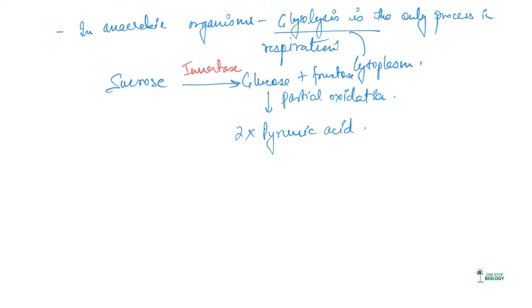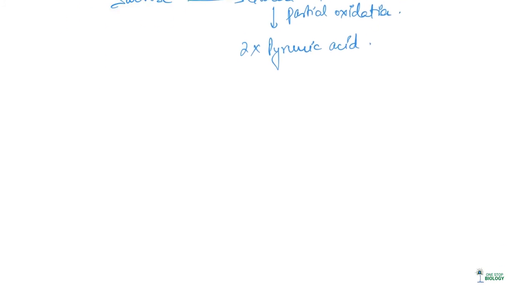So let's start drawing up the entire pathway. From glucose, now remember this is a 6 carbon sugar, right? First, whether it is glucose or fructose, both are phosphorylated to glucose 6 phosphate, which is again a 6 carbon compound.